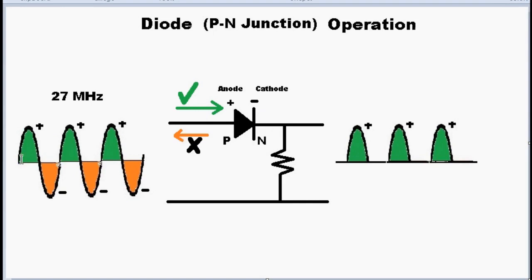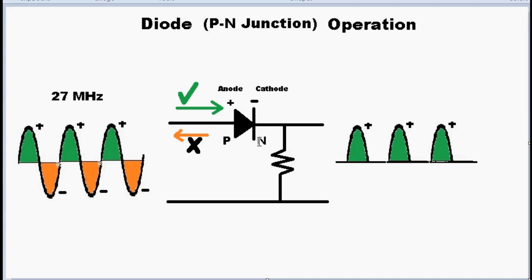And we can see that a typical 27 megahertz CB frequency sine wave, which is our carrier signal coming from the radio, would be allowed to flow through the diode and produce positive pulses only. Flow in the opposite direction is blocked by the diode.